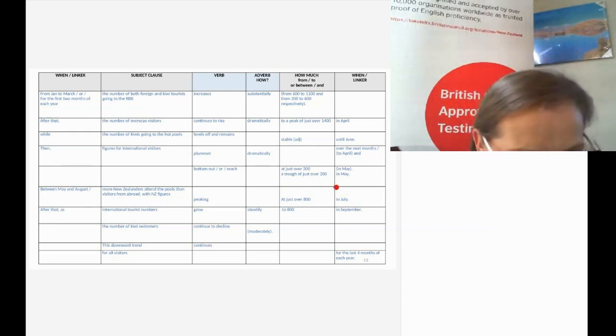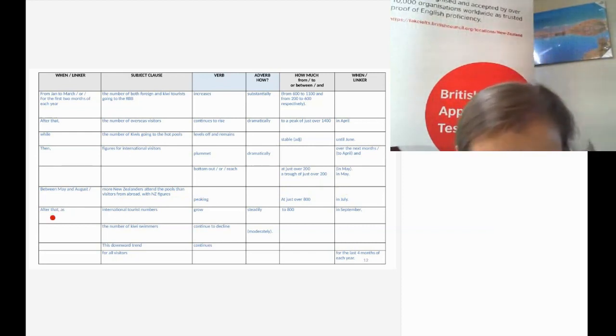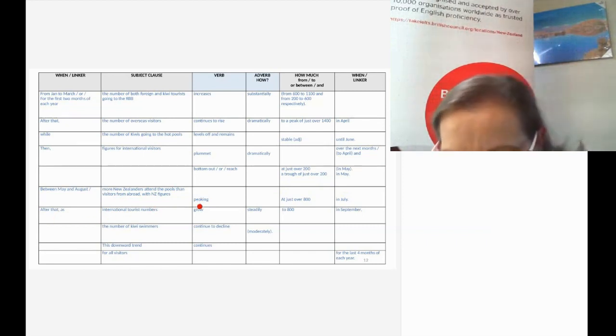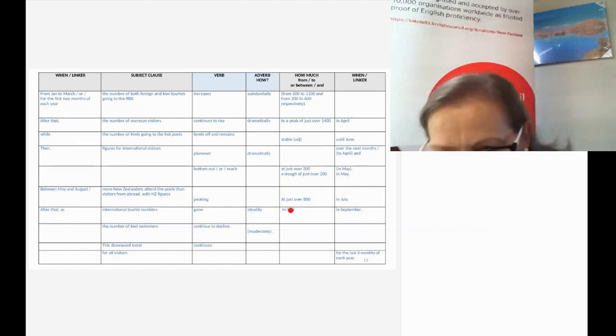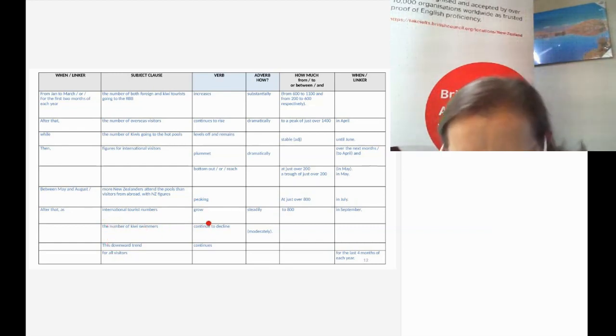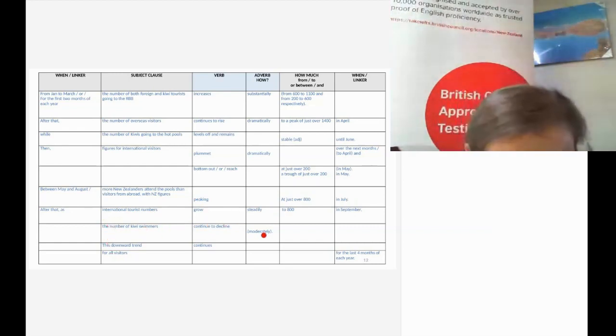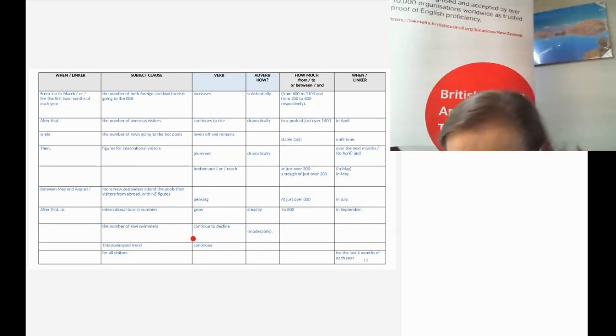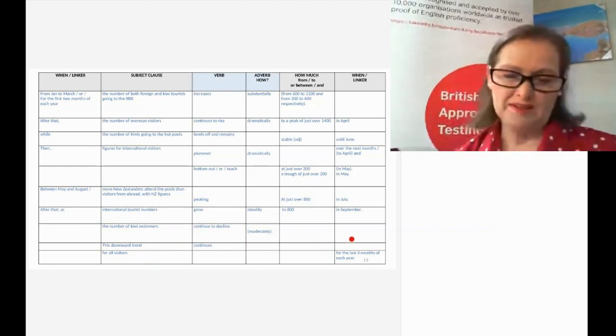After that, as international tourist numbers grow steadily to 800 in September, the number of Kiwi swimmers continues to decline moderately. This downward trend continues for all visitors for the last 4 months of the year.